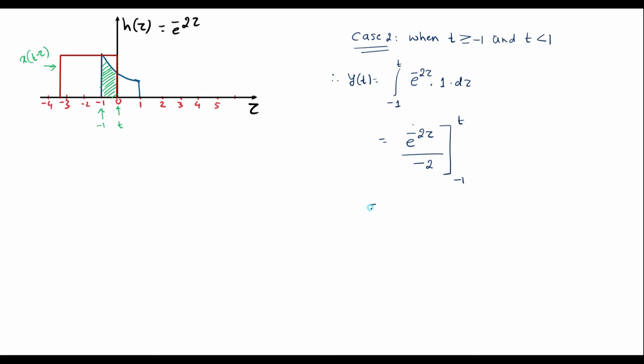Now simplifying this further, e power minus 2t divided by minus 2, here minus and minus, plus e power minus 2 into minus 1 is 2, e power 2 divided by 2, that is nothing but 1 by 2 in bracket e power 2 minus e power minus 2t.